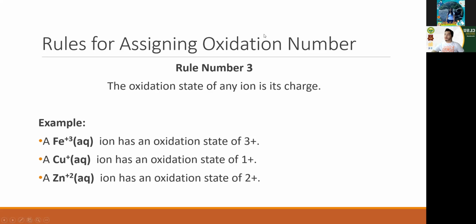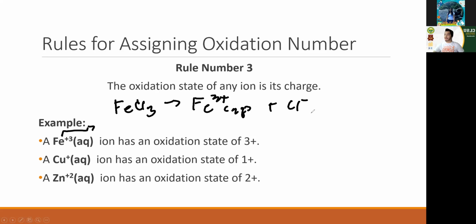For example, FeCl3. When you dissolve it in water, you get Fe3+ aqueous plus Cl negative aqueous. So whatever its charge is as an ion, that is its oxidation state. If it is Fe3+, its oxidation state is 3+. If it is copper 1, it is 1+. If it is a zinc ion, it is 2+. In a sense, whatever its charge is, that is its oxidation state.